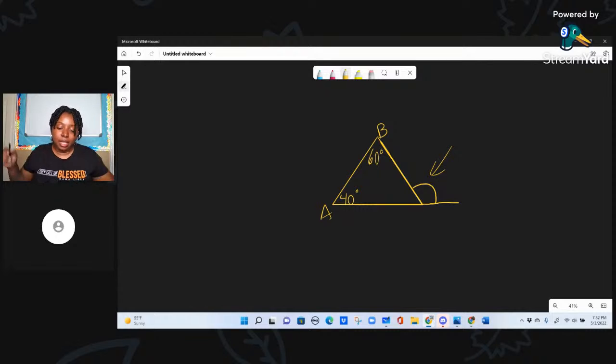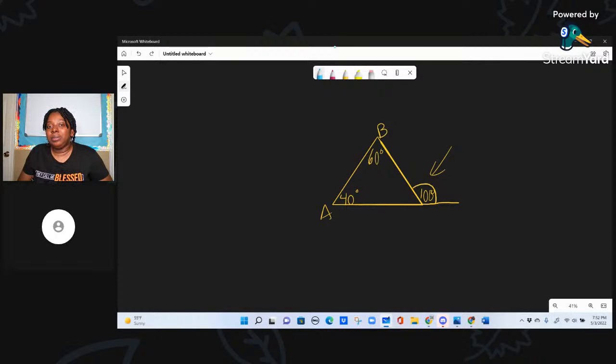Okay, so this angle right here is the total of A and B together. So what's 40 plus 60? 100. Good. And you have to think about it this way: these three angles add up to 180 degrees.